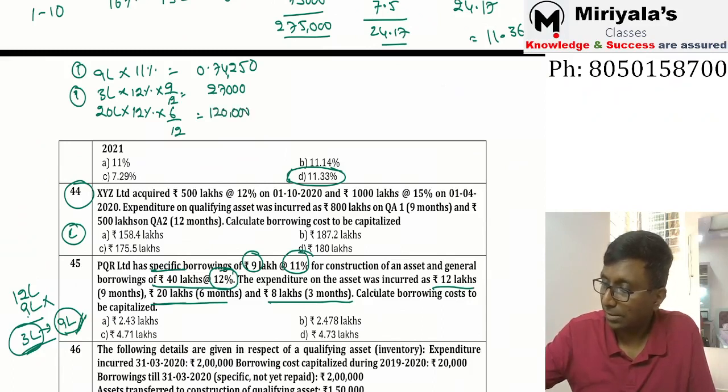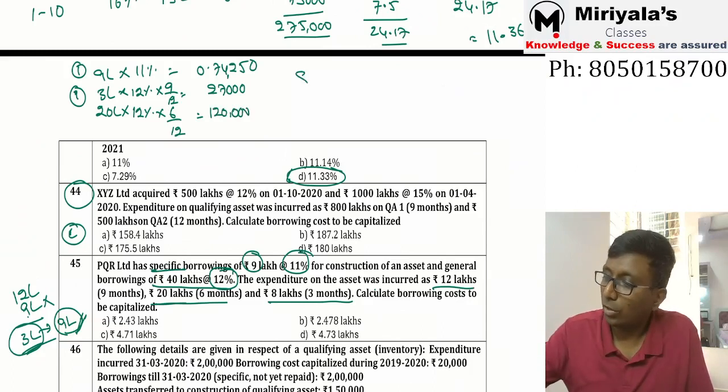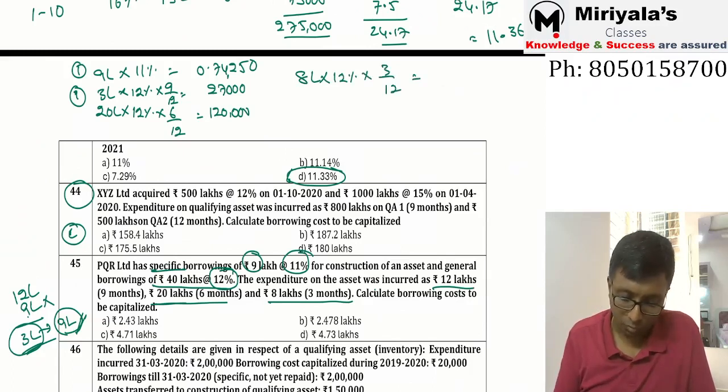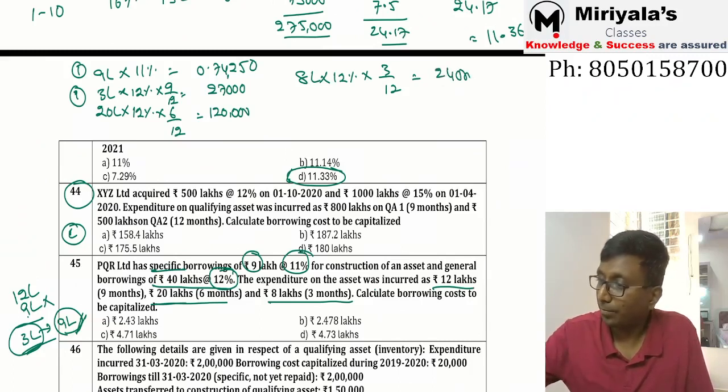You should capitalize it. Next number: 8 lakh you took for 3 months. That also comes from general borrowing, so 8 lakh into 12 percentage into 3 divided by 12. That will come to 24,000.